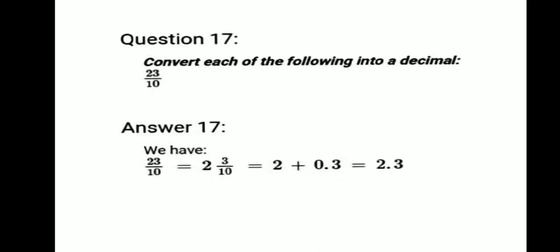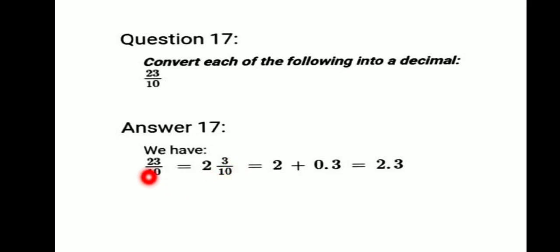Next question is question number 17, and here convert each of the following into decimal. 23 upon 10. Here we have to convert 23 upon 10 into decimal. We have 23 upon 10. It means 2 whole 3 upon 10.